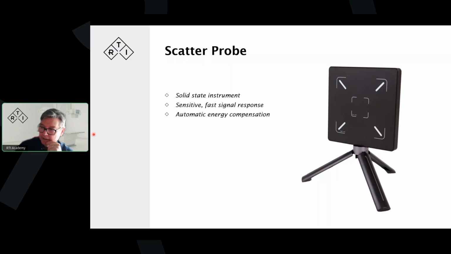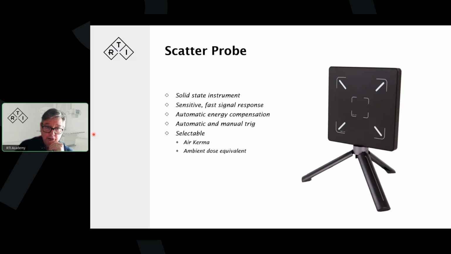Automatic energy compensation means that we get a good reading automatically. For the trigger levels, we have the choice of automatic or manual trig, which is free run. Automatic trig is for typical exposures when we're looking at leakage and stuff. For room survey, we may need to go to a manual trig, which is the free run mode.